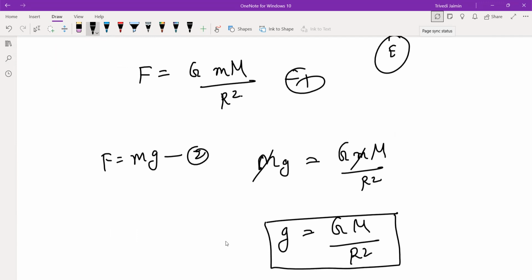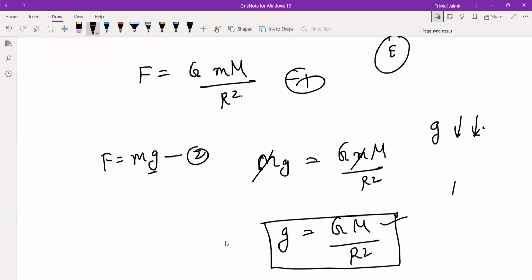What does it mean? This g is not depending on the mass of the object. It just depends on the mass of the object which is providing gravitation. In short, for us, it is Earth. Can you see this? So just don't learn the formula, understand the formula. This formula says g depends on the mass of the Earth, not on the mass of us or any other object. Therefore, g will be constant for whatever object is falling from the top, it will be the same.